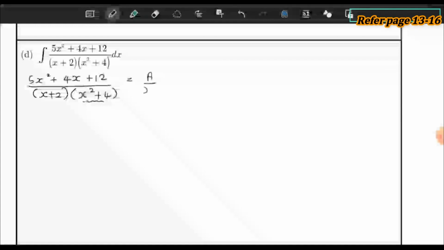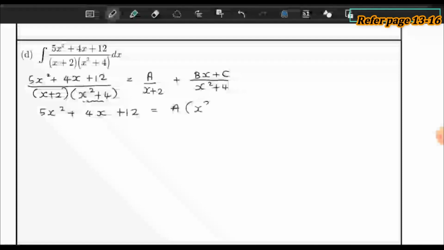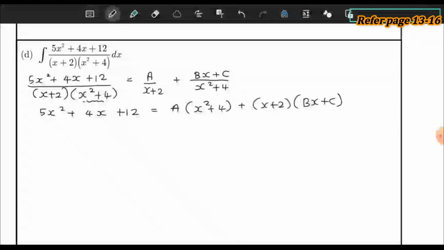So we have a/(x + 2) plus (bx + c)/(x² + 4). By equating the denominator, we have 5x² + 4x + 12 equal to a times (x² + 4) plus (x + 2) times (bx + c).